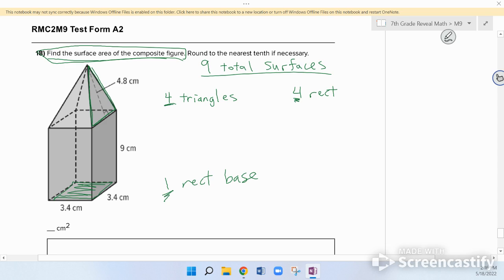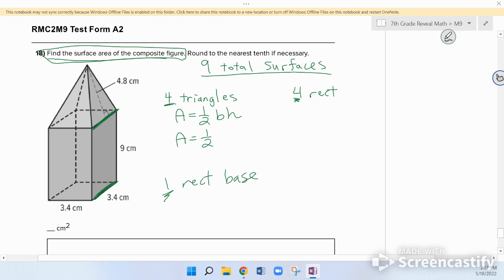For the 4 triangles, I need to use the triangle formula for area, 1/2 BH. I look at that specific triangle and figure out the base and height. This line here has no number, so I look at a side that is in the same direction, or parallel to it.